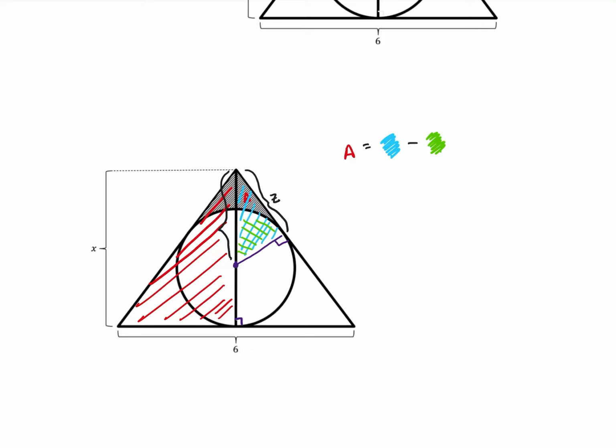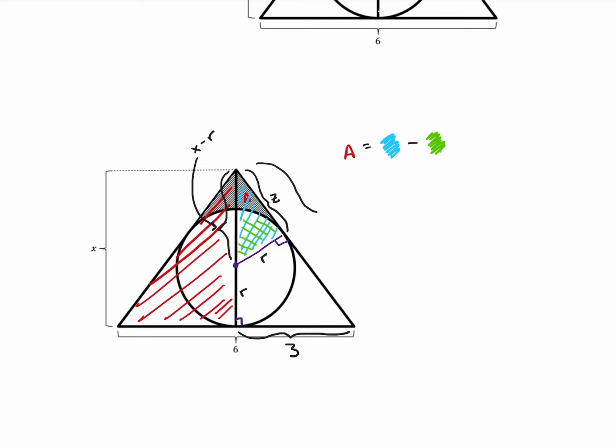I'm going to look at this side over here. If I have my radius in my circle, then the side here is going to be x minus r. I can see that this portion of the triangle here is 1/2 of the total portion. That's going to be 3.